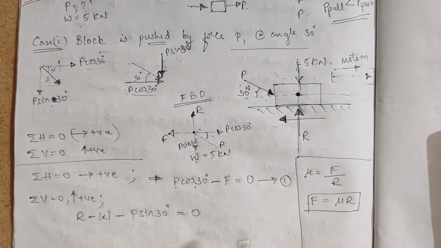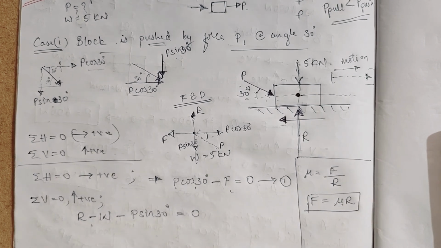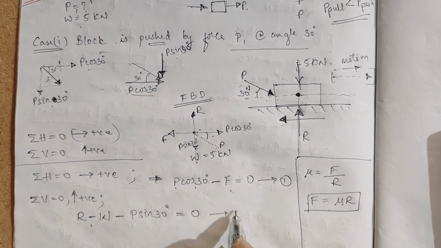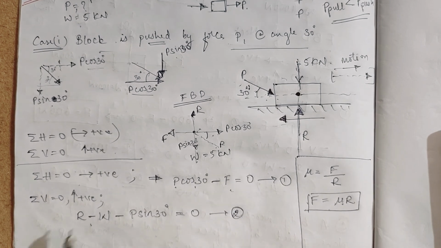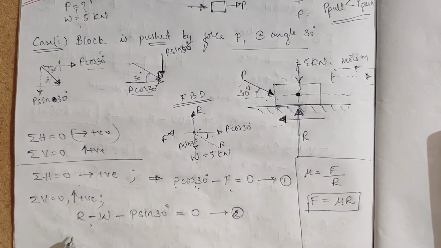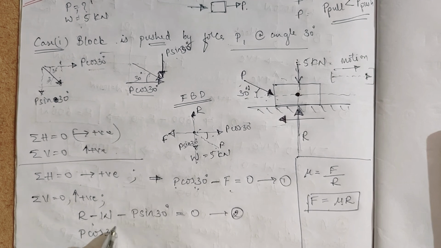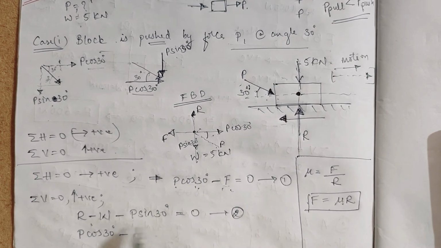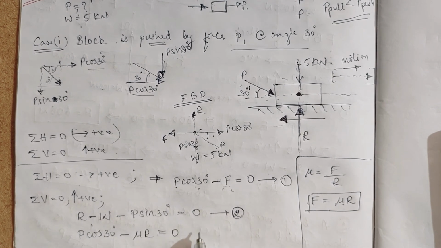You can take F in terms of R or R in terms of F. We already took F is equal to mu R, so I'll continue with that. This may be equation number 2. Now I'll write again P cos 30-degree minus F, replacing it with mu R, is equal to 0. Let this be equation number 3.